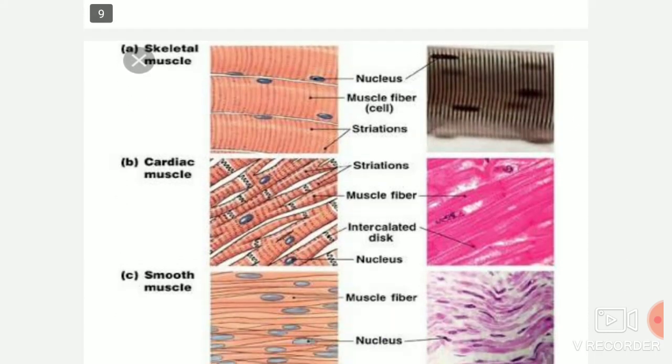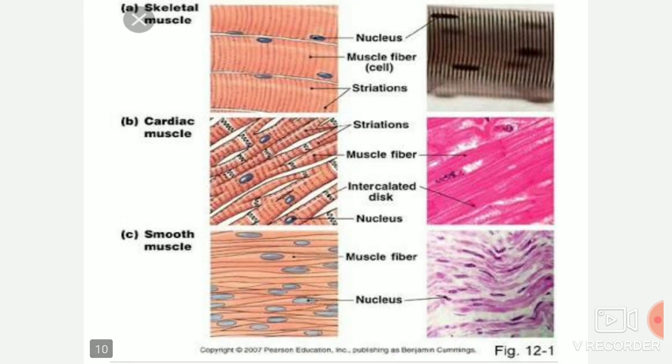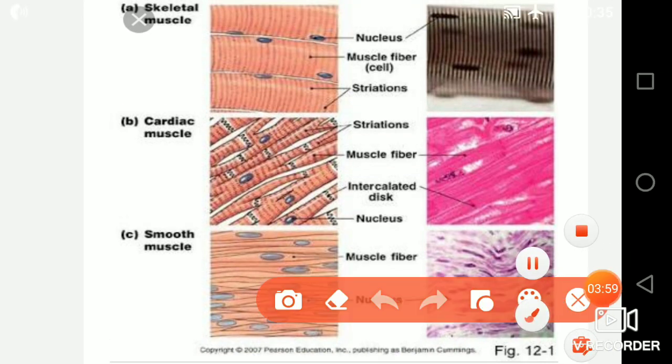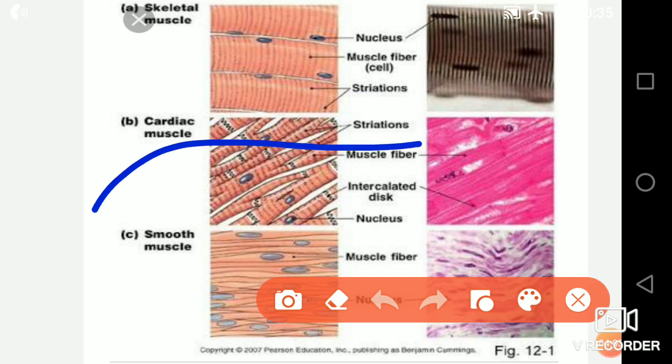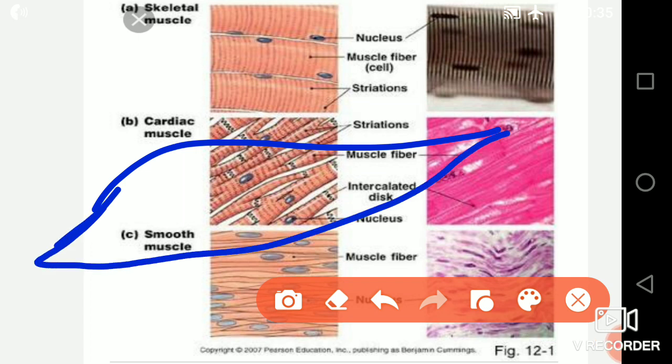Here you can see the skeletal muscles. Here you can see the light and dark bands. And in the smooth muscles, there are no light and dark bands. The cells of the smooth muscles are spindle shaped. This is the shape of the smooth muscles, which are non-striated and have a single nucleus.